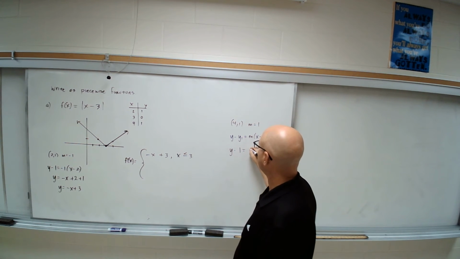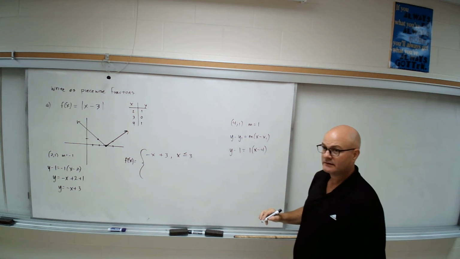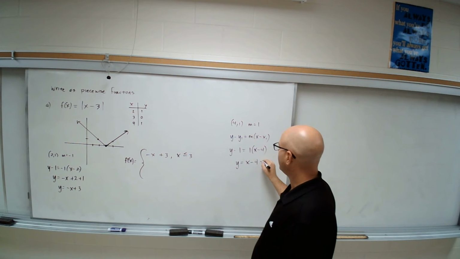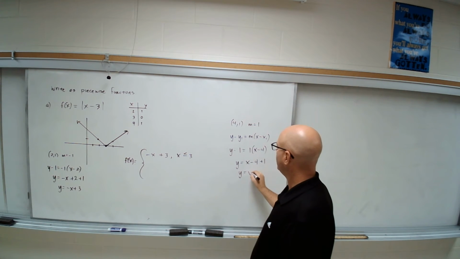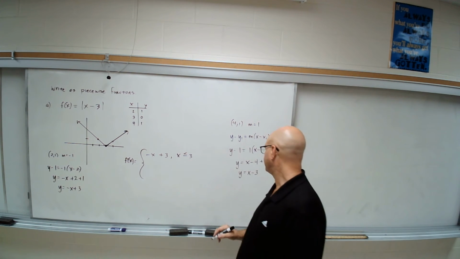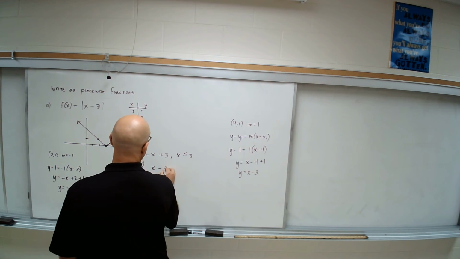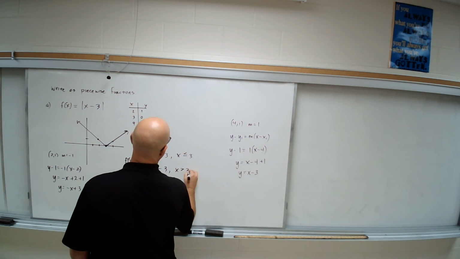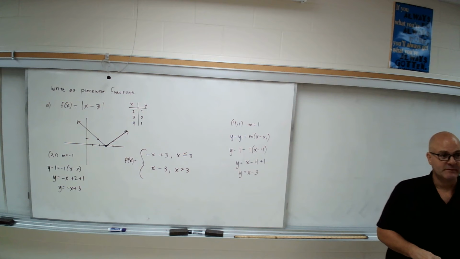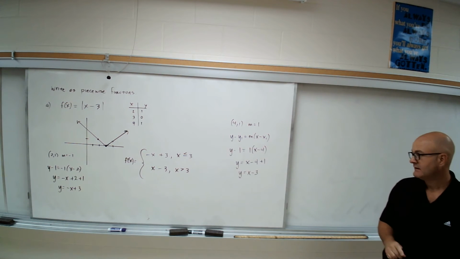So y minus 1 equals 1 times x minus 4. So that's going to be x minus 4 plus 1. And that's going to be x minus 3, if x is greater than 3. So that would be how we could do that using piecewise functions there.